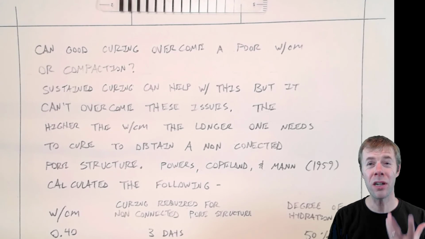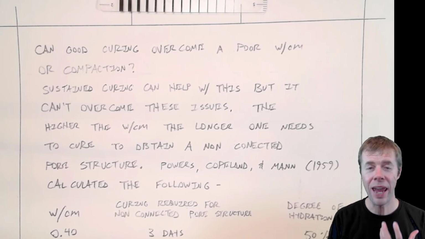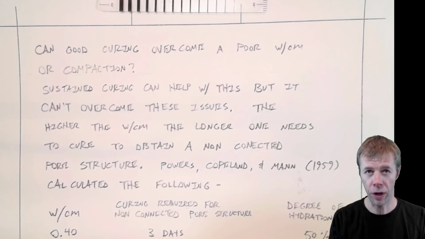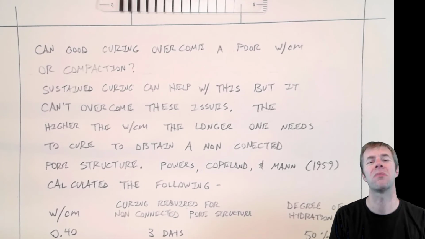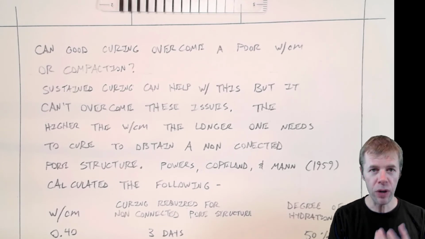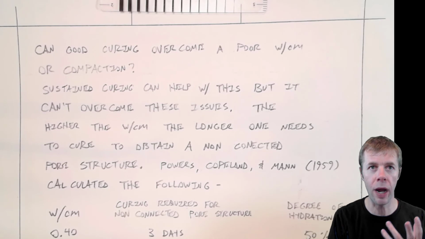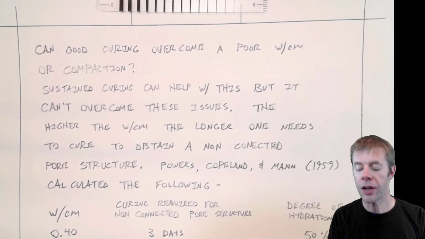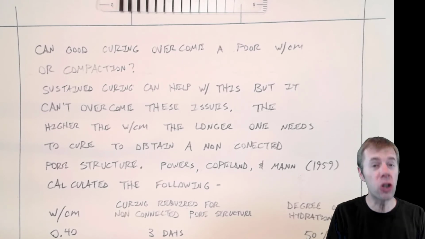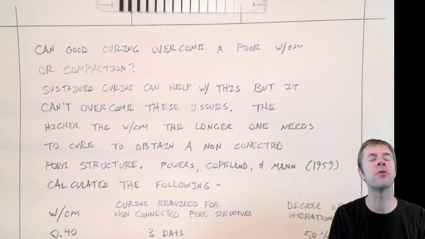So let's get to another question. Can good curing overcome poor water cement ratio and compaction? I mean, theoretically, if we hydrate our grains a ton, they should be able to overcome all these other shortcomings, right? Well, sustained curing can help. It's good, but it only helps up to a point.